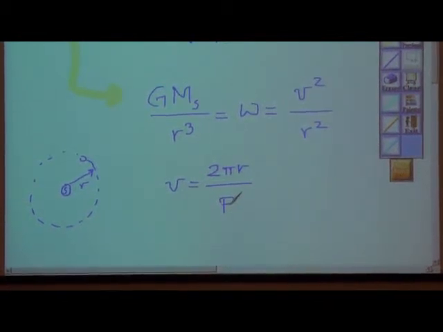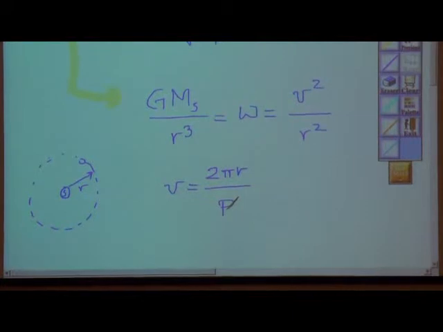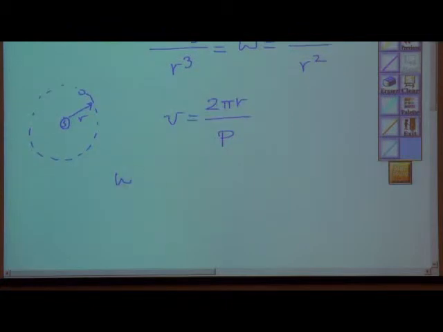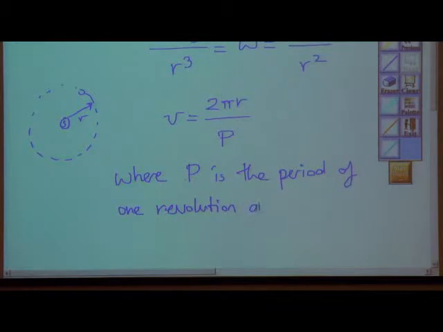But let's say P is the period of 1 revolution around the central object.